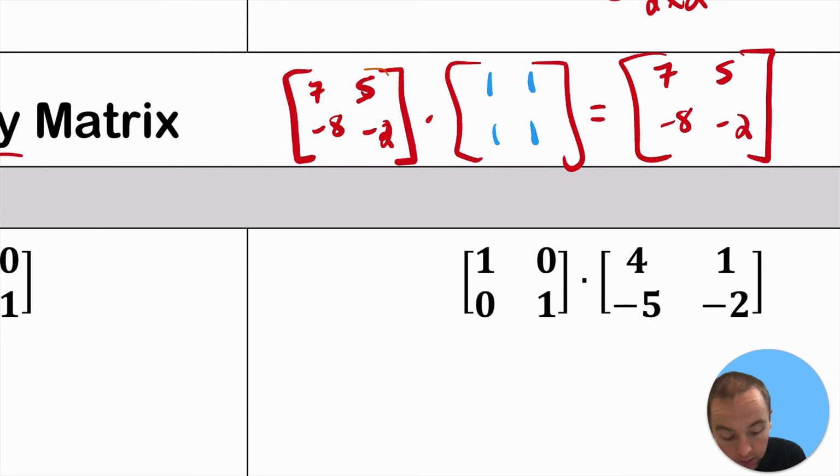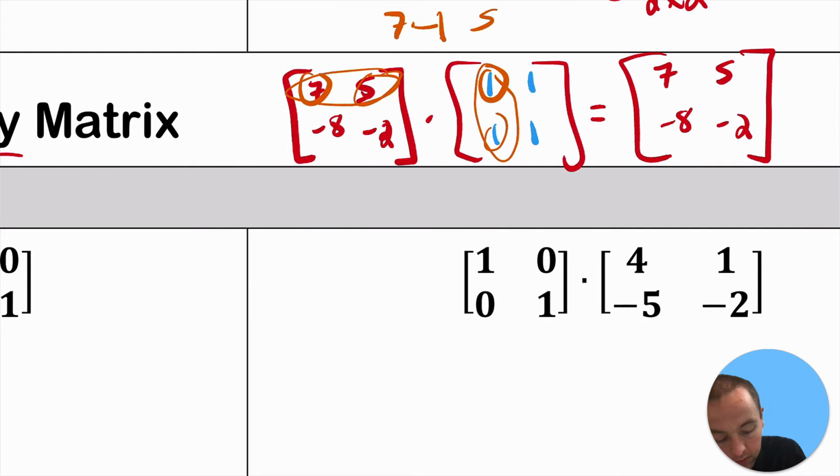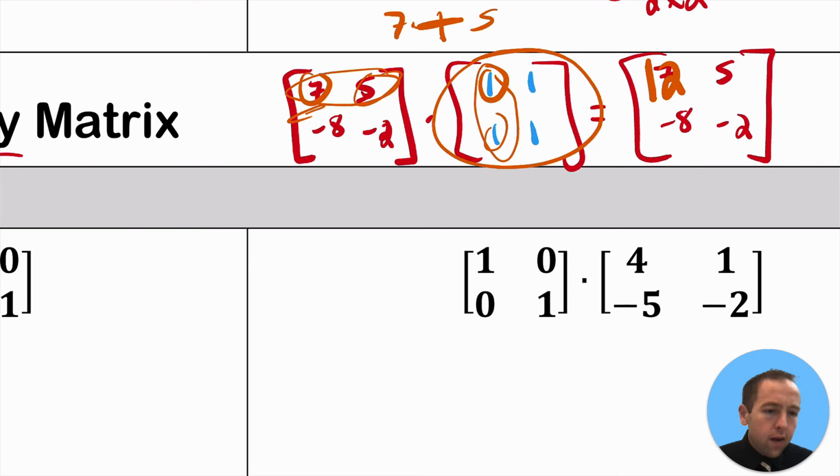If we multiply these two matrices together, we start with 7 times 1 is 7 and 5 times 1 is 5, then we do 7 plus 5, which gives us 12. So we should get a 12 there, which isn't the same as the 7, which means we're not getting the same answer, so this isn't showing the identity property. That matrix can't be the multiplicative identity, not just all ones.